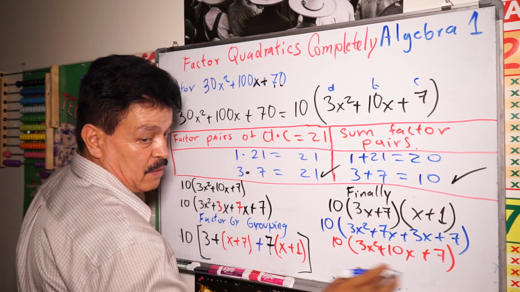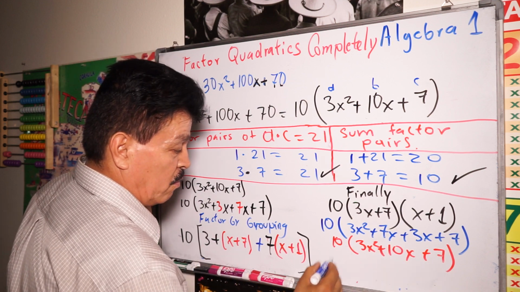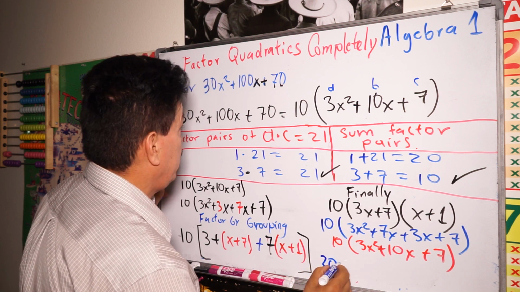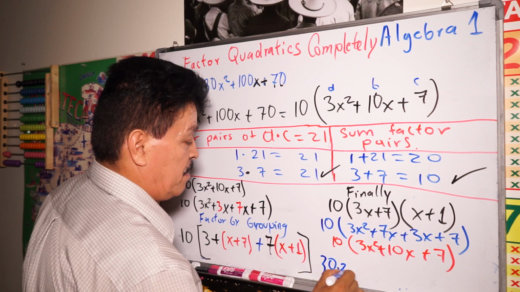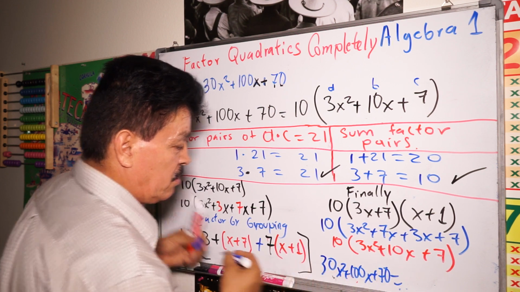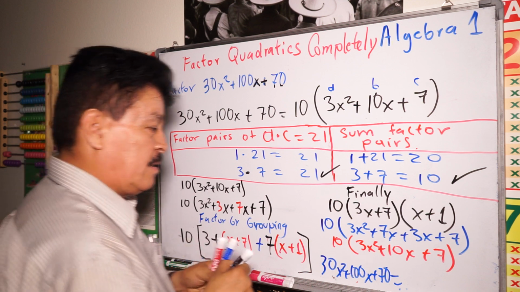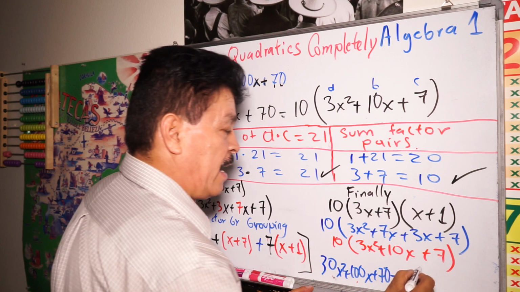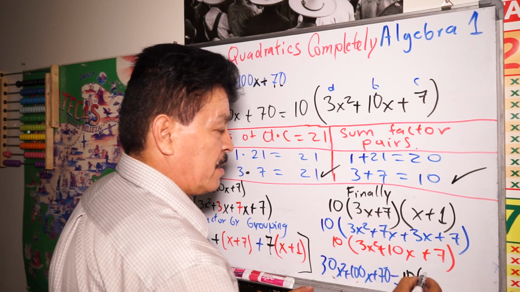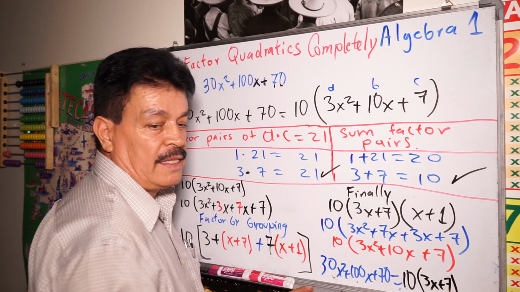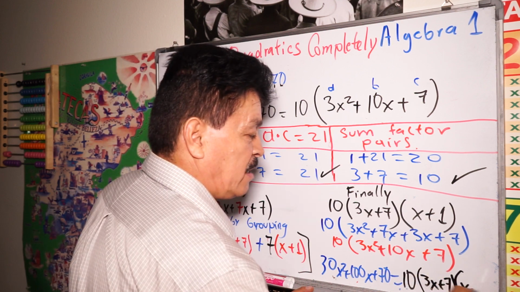So our conclusion is that 30x squared plus 100x plus 70 equals 10 times 3x plus 7 times x plus 1.